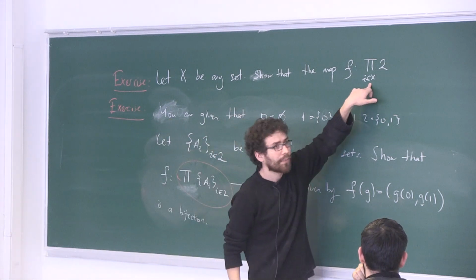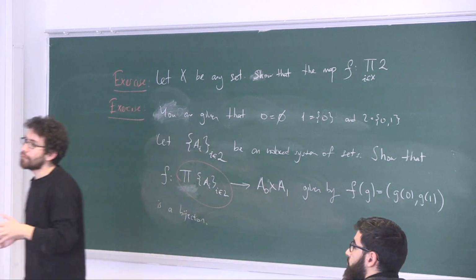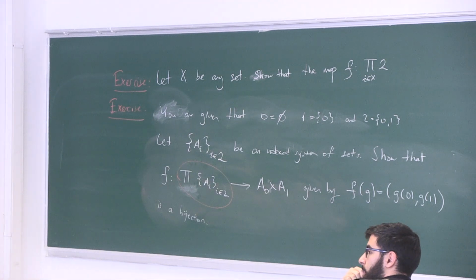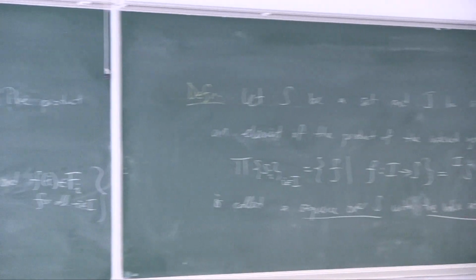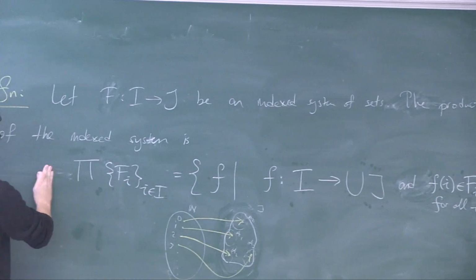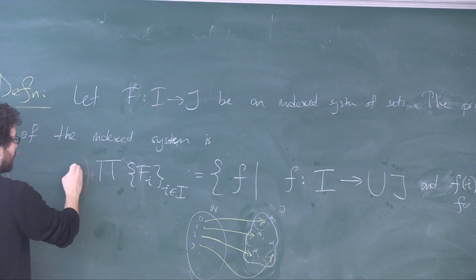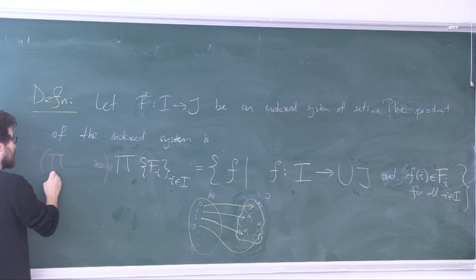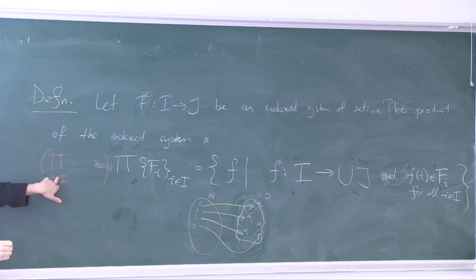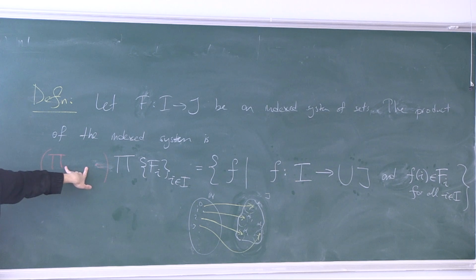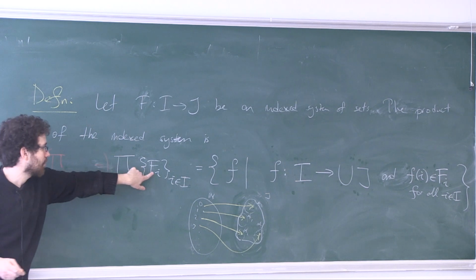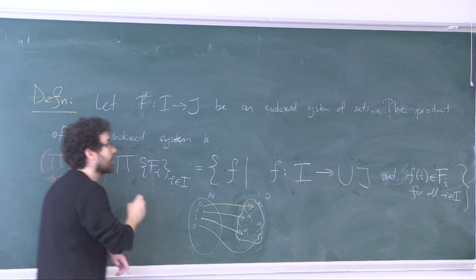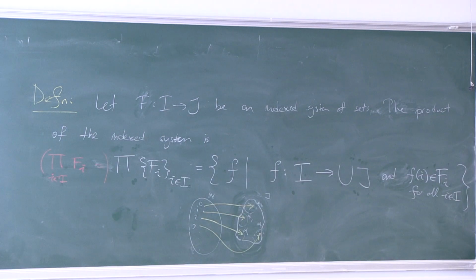What this means is, maybe I should do it over here. People sometimes write the following for this. Product as my indices change in the index set I, and over here I'm supposed to write the ith set, f of i.